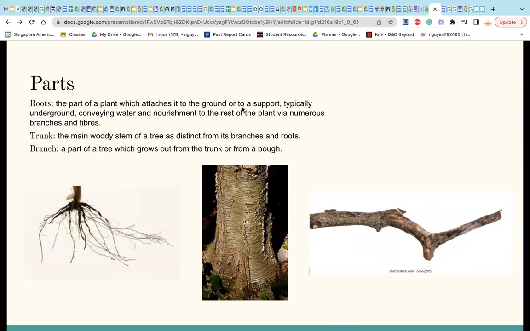It could be ground sometimes. It sucks up water and nourishment to the rest of the plant. There are fibers and branches on the root of the tree, but it sucks up nutrients and water for the plant, and it allows the plant to grow. It's very nice. If the tree doesn't have its root, it dies.